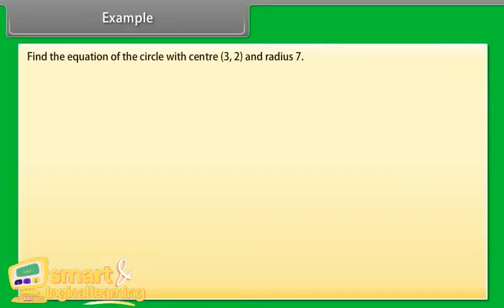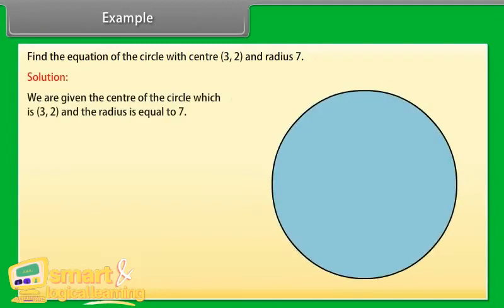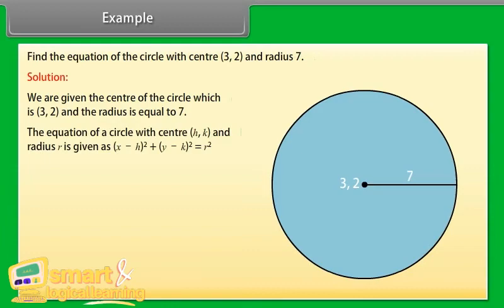Example. Find the equation of the circle with center (3, 2) and radius 7. Solution. We are given the center of the circle, which is (3, 2), and the radius is equal to 7. The equation of a circle with center (h, k) and radius r is given as (x - h)^2 + (y - k)^2 = r^2. Here h and k are 3 and 2, and radius r is equal to 7.